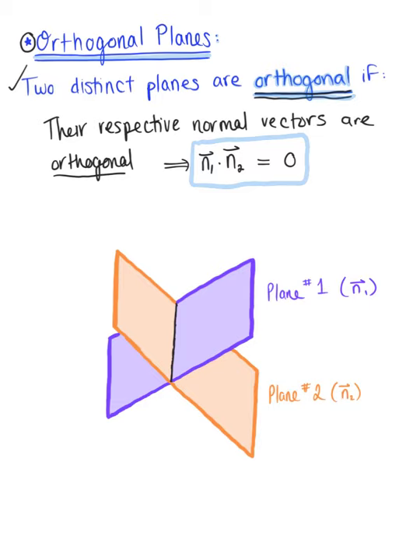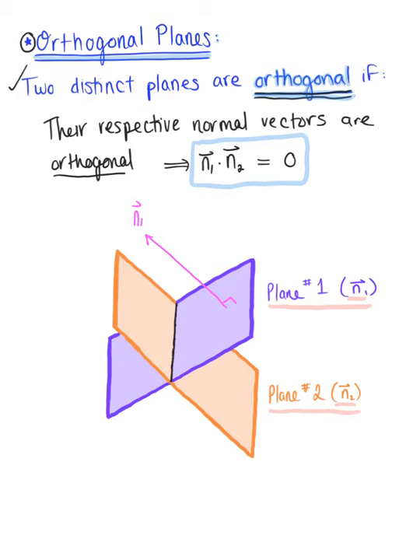So let's go ahead now and consider an illustration of this. Again, let's let plane number 1 have a normal vector n sub 1, and we'll let plane number 2 have a normal vector n sub 2. Looking at plane number 1, here is its normal vector, vector n sub 1. And of course, this is intersecting that plane at a 90-degree angle.